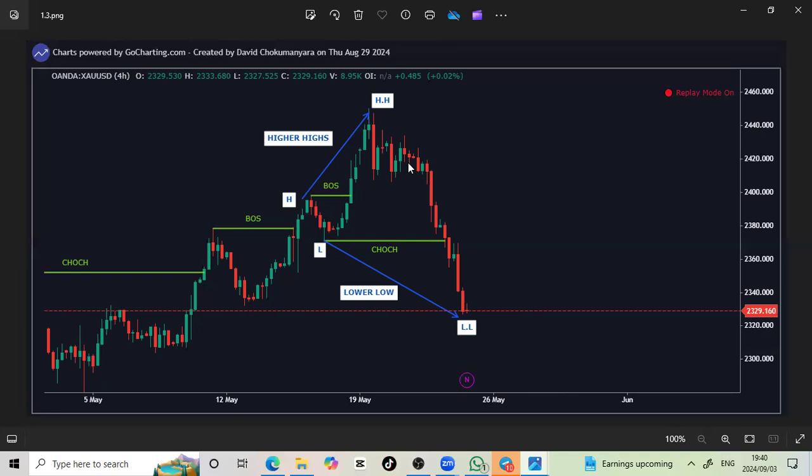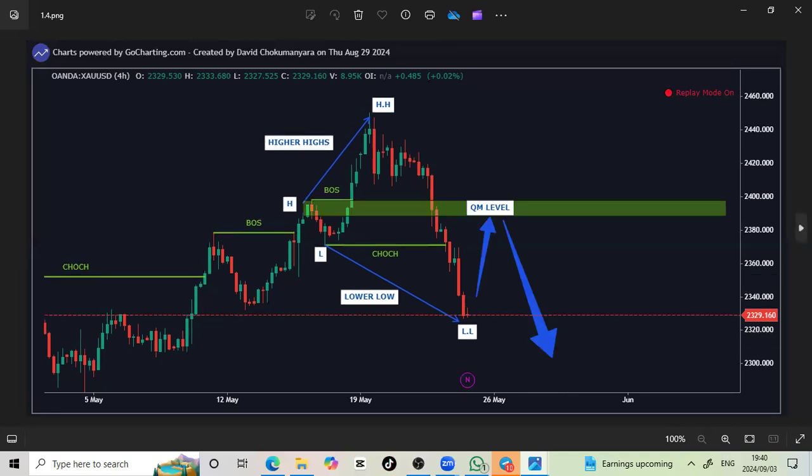But this is like a discord. Okay, let's see what then happened. So this is what we call a Quasimodo pattern, where price makes a higher high, at the same time price is making lower lows. So you mark this particular level here, the last candle, this candle here is the one that you mark.